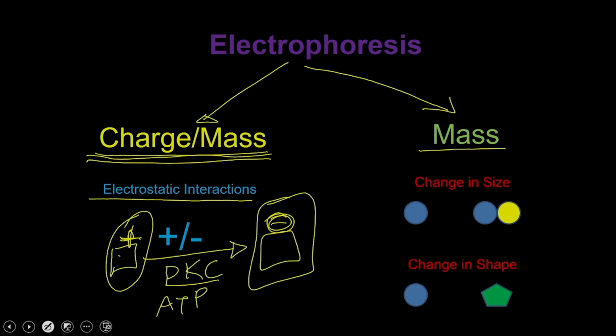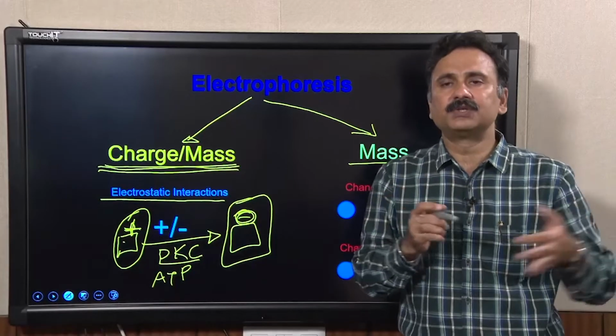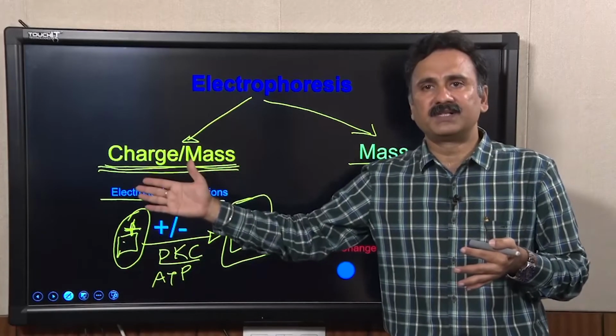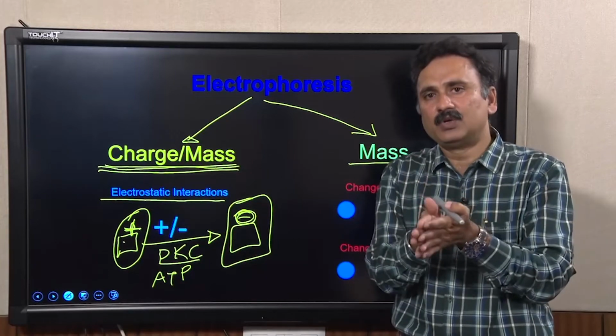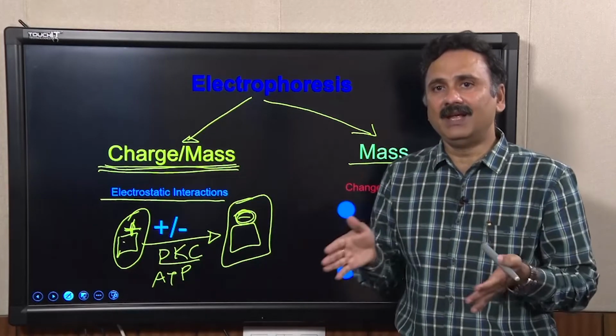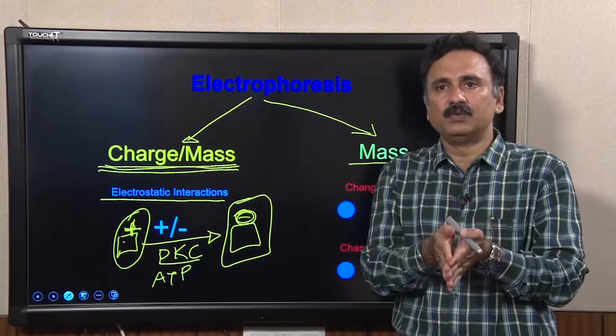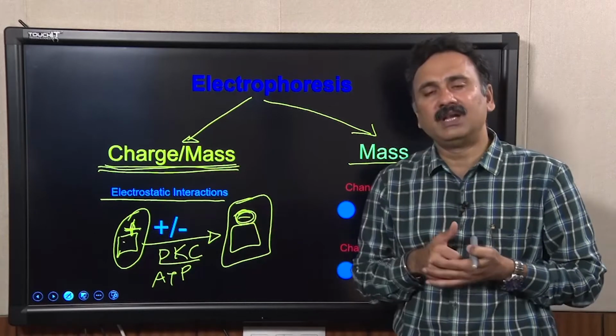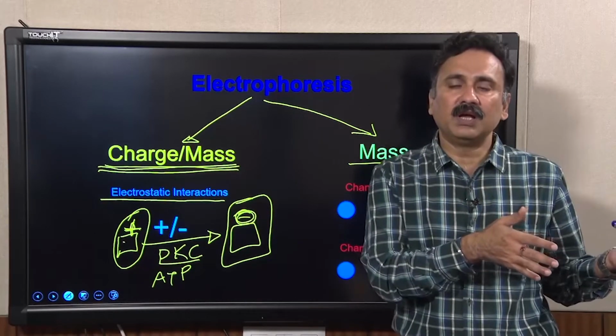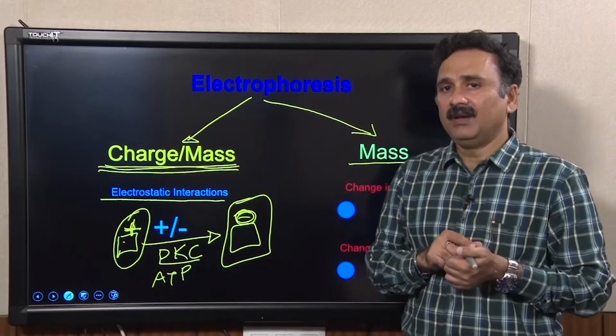If you load this whole mixture into a horizontal PAGE or horizontal agarose gel, the positive molecules will go towards the negative electrode and the negative molecules will go towards the positive electrode. That is how you can quantitatively say that out of 100 molecules, how many are negatively charged and how many are positively charged.